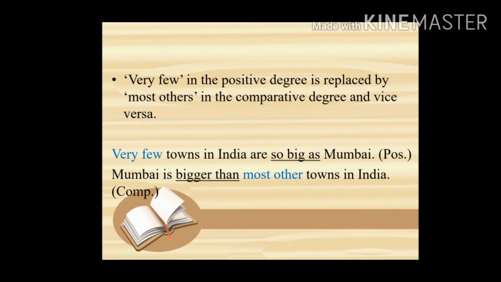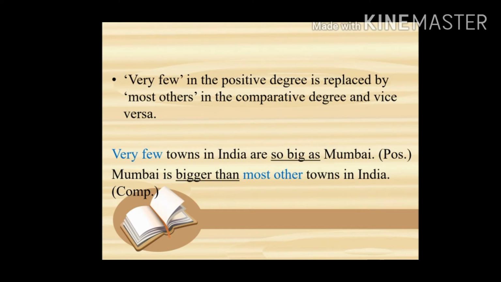Now, very few in the positive degree is replaced by most others in the comparative degree and vice versa. Example, very few towns in India are so big as Mumbai.